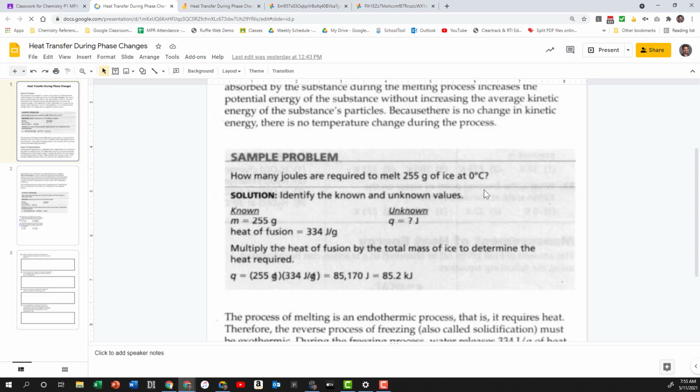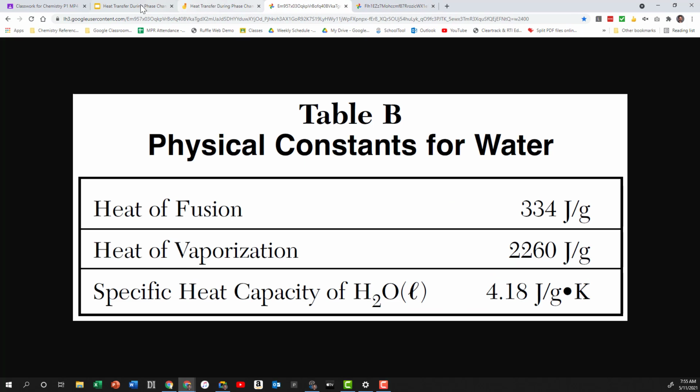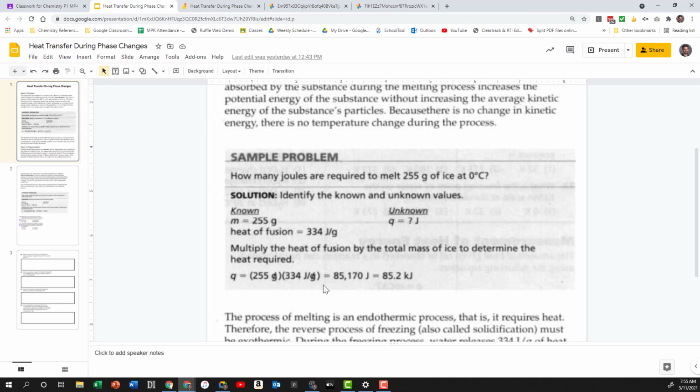It doesn't come into the problem at all. We know that it melts at 0 degrees Celsius, but they put that in there a lot of times. So the knowns are the 255 grams. We know the heat of fusion from the reference table B. Simply multiply the two together, and you get the joules needed to melt the ice at that temperature.